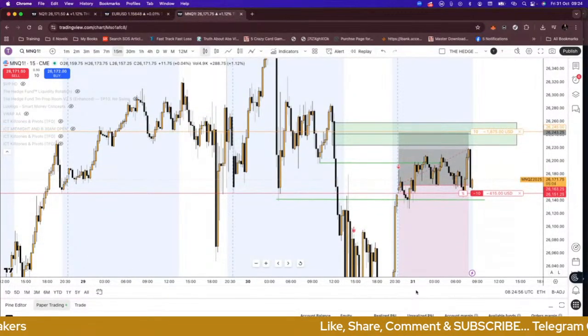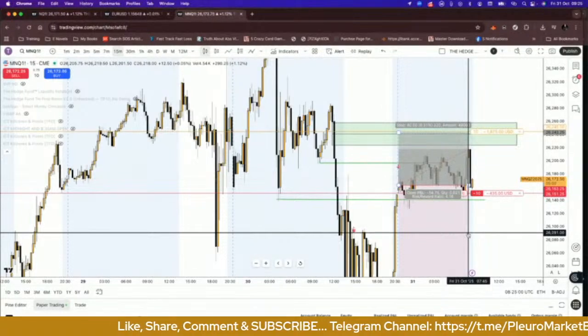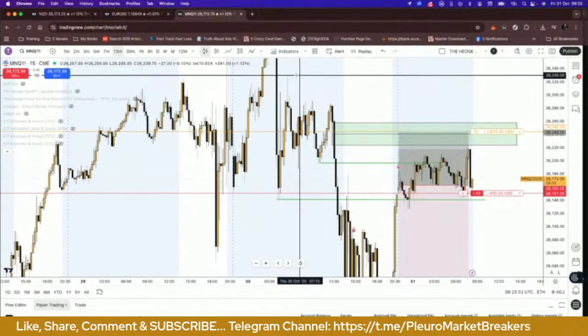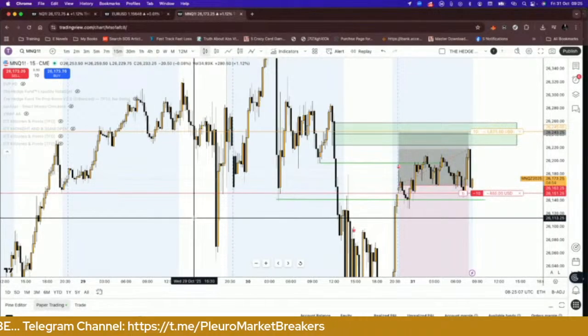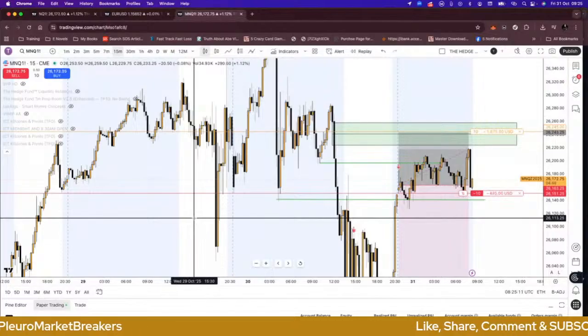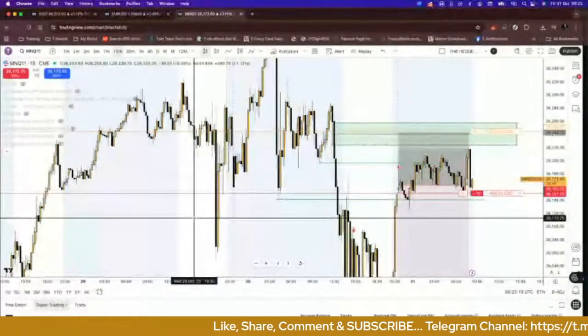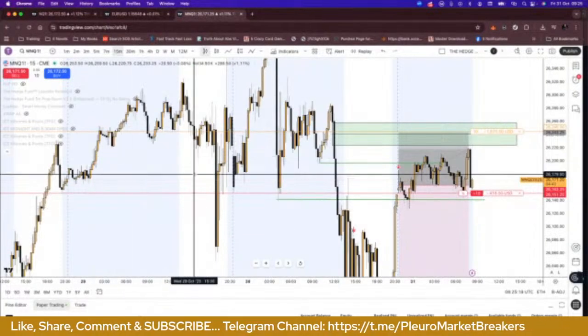I'm just testing out some stuff to see if I can come up with some setups for those of you, including myself, very often who are time poor. Time poor meaning we don't have time to be sat at the charts during these periods: London Open, New York Open. So it's basically say, okay, if I think there's a short tomorrow, basically this is the setup here.